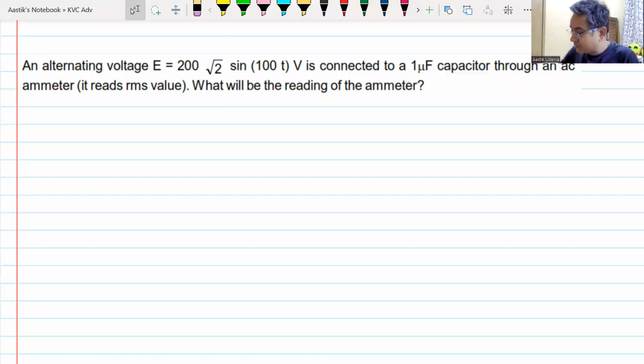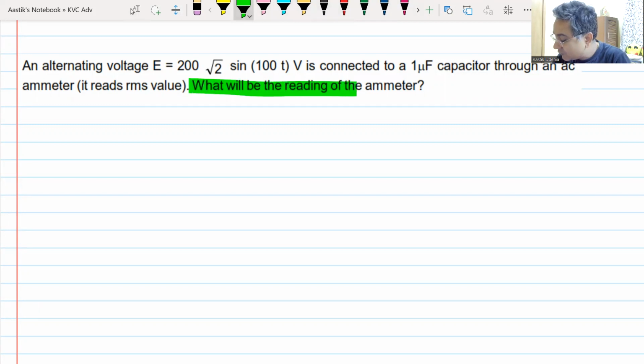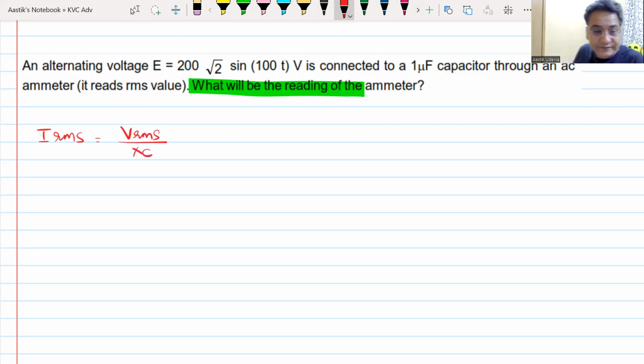So, how are we supposed to do this? We have to find out the reading of the ammeter. That means we have to find out the RMS value of current. Yes or no? Yes. Now, how will I find the RMS value of current? We divide the RMS value of voltage by XC. Yes or no? Yes, sir. The RMS value of voltage is 200.